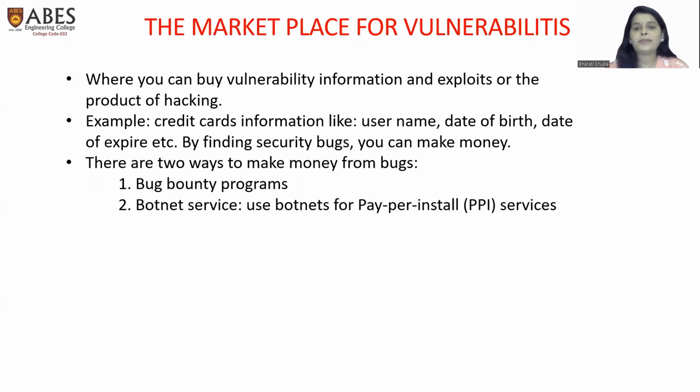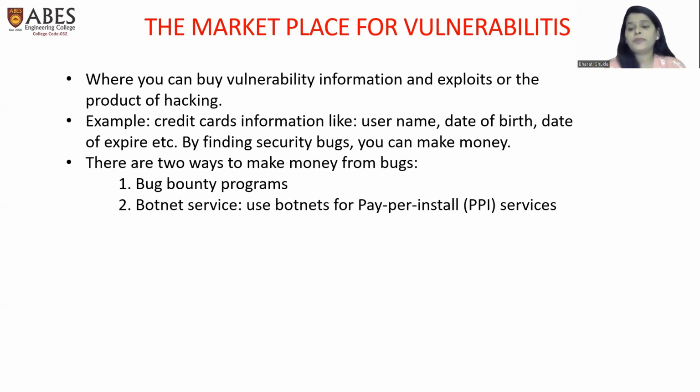Next is the marketplace for vulnerability. In this, we are going to discuss two types which are used to make money from bugs. Marketplace for vulnerability means there is a market where people buy or purchase important information of a client, or we can say important information of a server or the user.